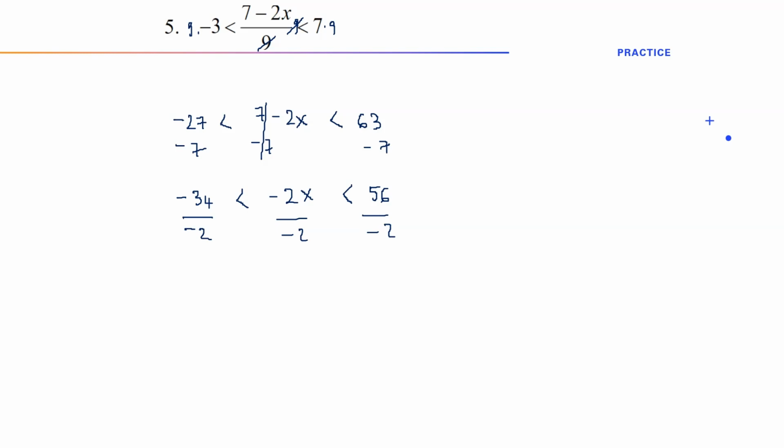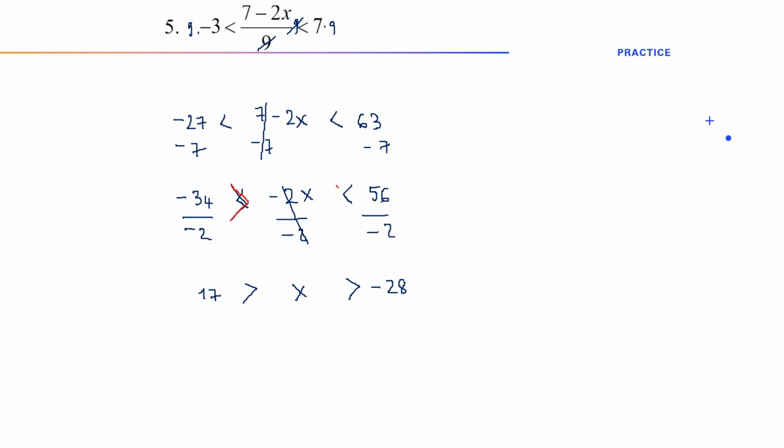Negative 34 divided by negative 2 is 17, and change the directions. That is x. And change the directions, that negative 28. Remember, we divide by the negative, so we have to change the directions.